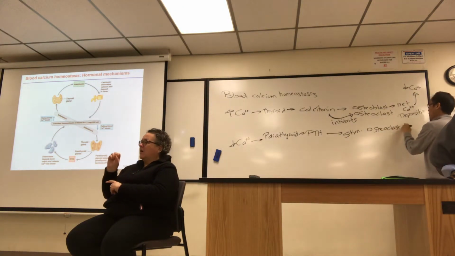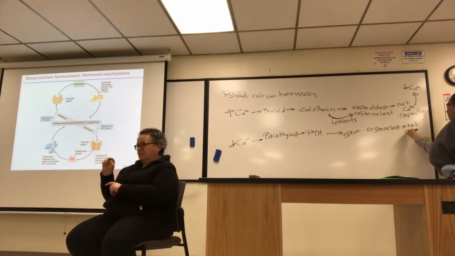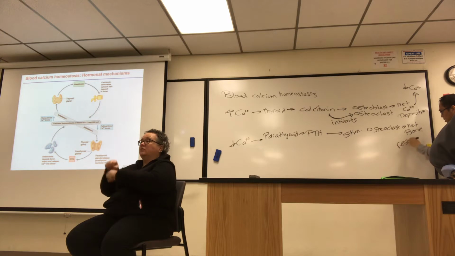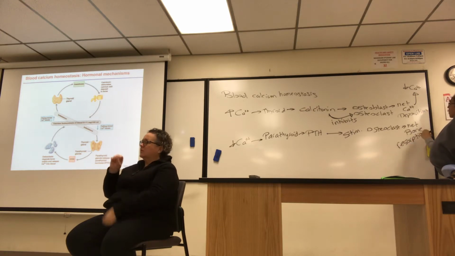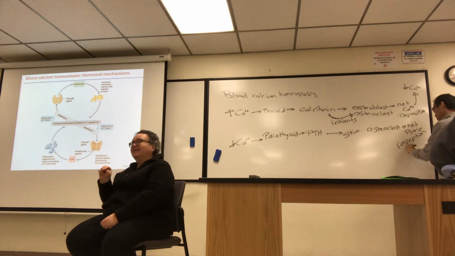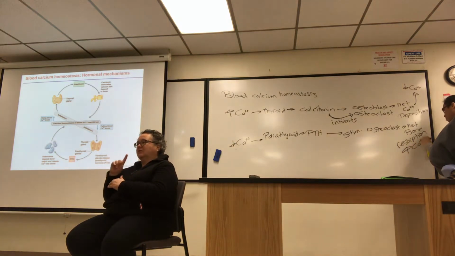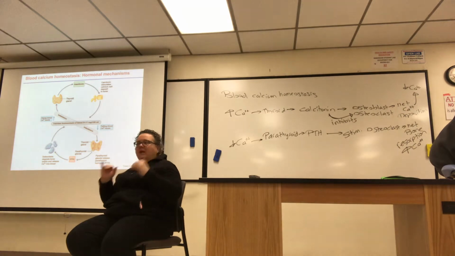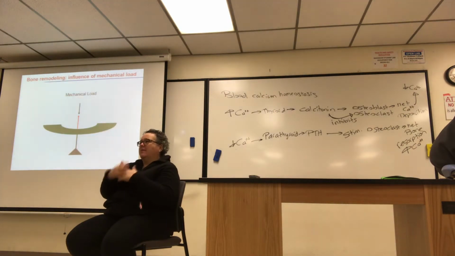So you're going to have a net bone resorption. That's what I'm writing. And that'll liberate more calcium to the blood to increase calcium levels. Okay, that's a simple diagram of how the hormones oppose each other.